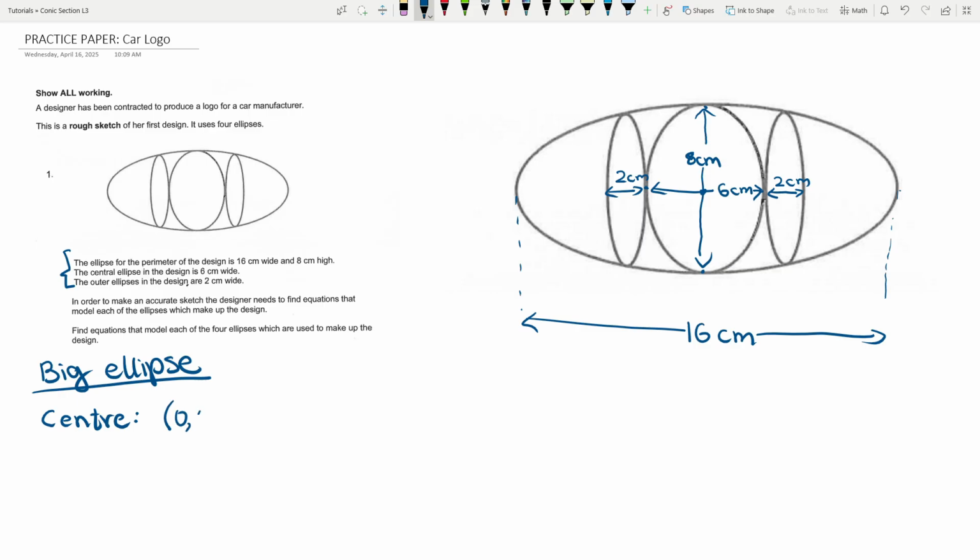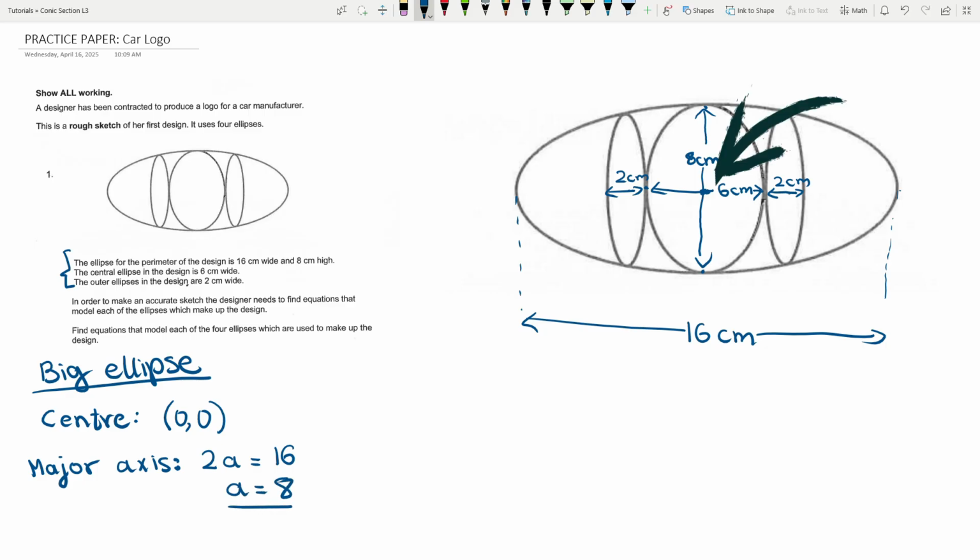You can decide where you want to put the center, and I think I would like it to be 0, 0. The major axis is like 2A, which is 16 centimeters. And then if we just isolate it, then A is just 8 centimeters.